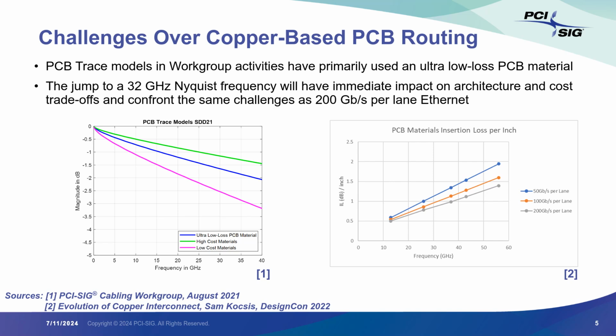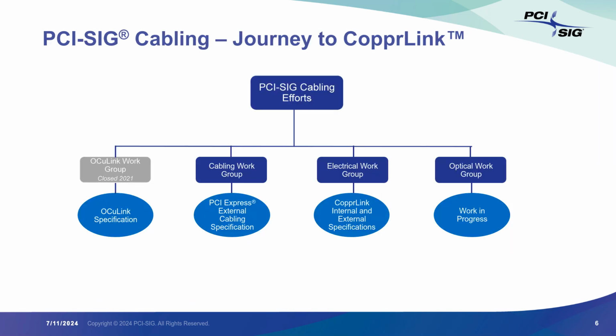It's not the best material available in high volume or the worst material. But if we even include some of the newer materials that are in development or prototype for Ethernet, looking all the way out to even 60 gigahertz, the story is still the same. As the data rates increase, it gets more and more difficult to solve the problem using PCB solutions specifically. So that creates a need for cabling solutions.